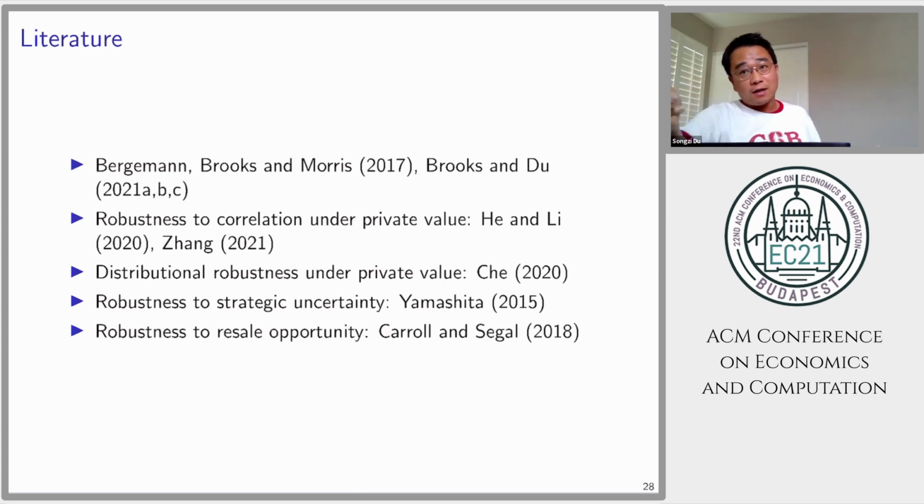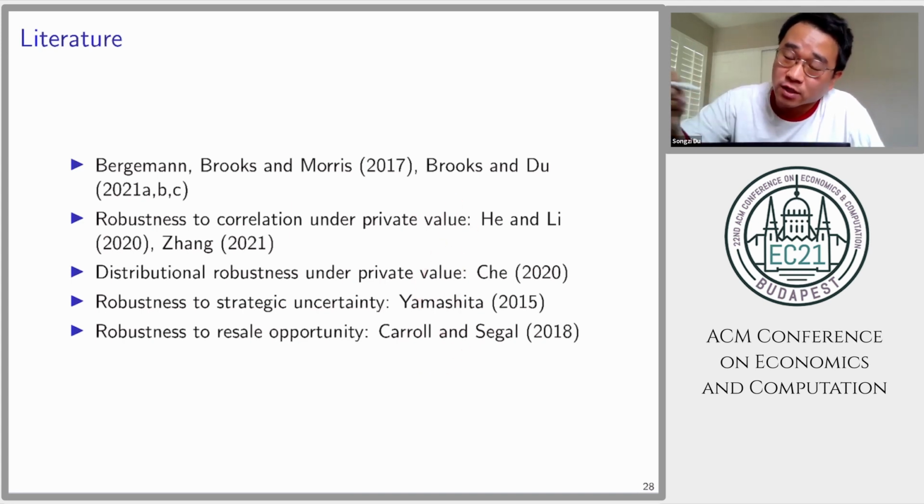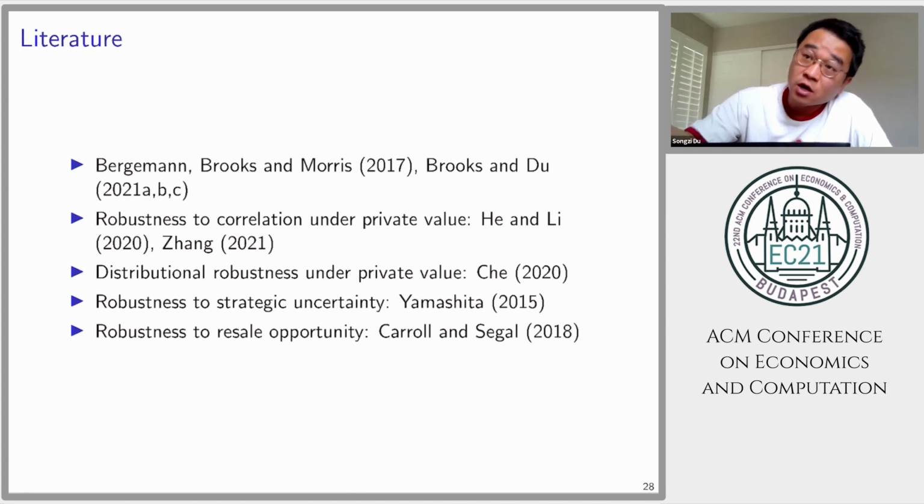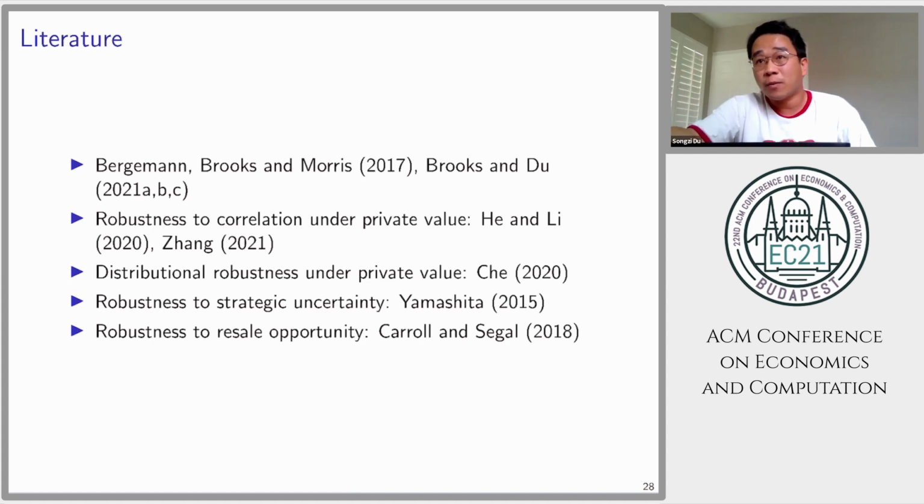There are also a lot of aspects of robust auctions that we have not discussed in these lectures. Here is a very incomplete citation of the literature. There are many other aspects of robustness, like robustness to strategic uncertainty and robustness to resale opportunities, that we do not have time to discuss in these lectures.